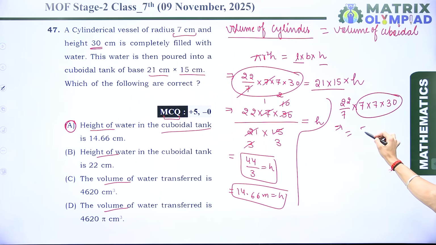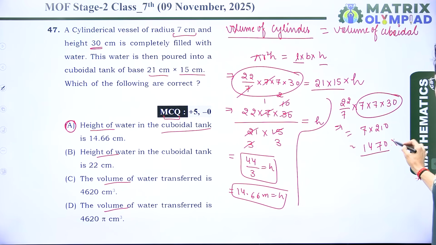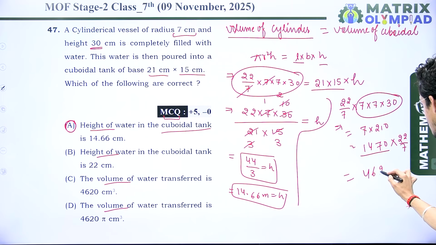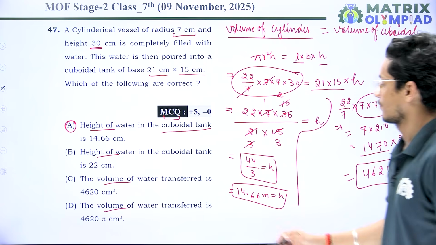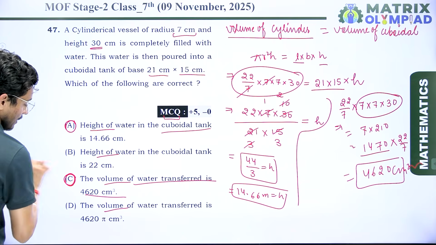So I can write here 7 multiply to 10, that is 1470, and multiply by 22.7. When we simplify it, here we get the answer, that is 4620 centimeter cube, which is the volume of water that transfer in. Okay, it means option number C is the correct answer.